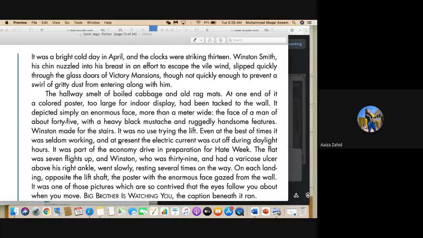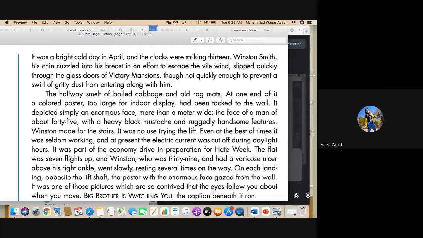It was no use trying the lift. Even at the best of times, it was seldom working, and at present the electric current was cut off during daylight hours. It was part of the economy drive in preparation for Hate Week. The flat was 7 flights up, and Winston, who was 39 and had a varicose ulcer above his right ankle, went slowly, resting several times on the way.